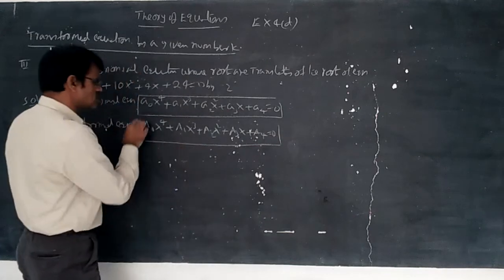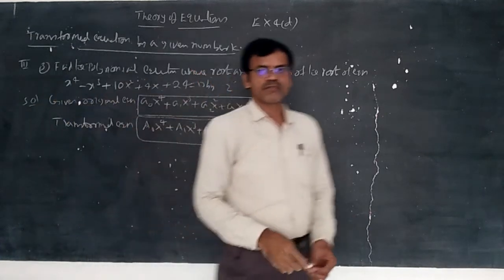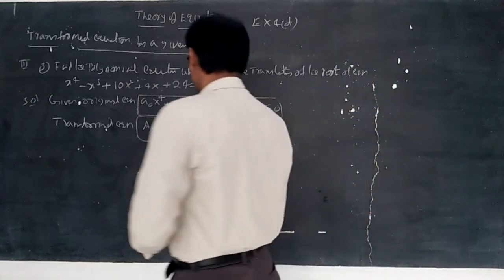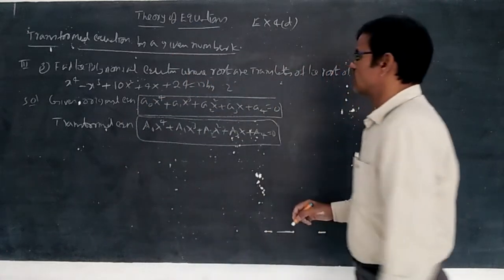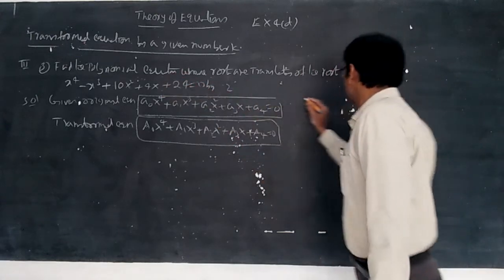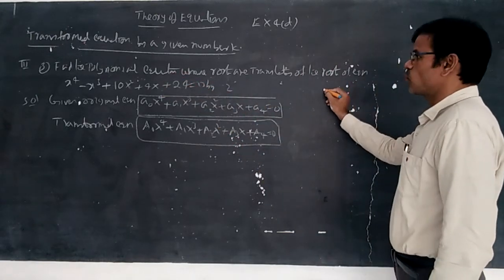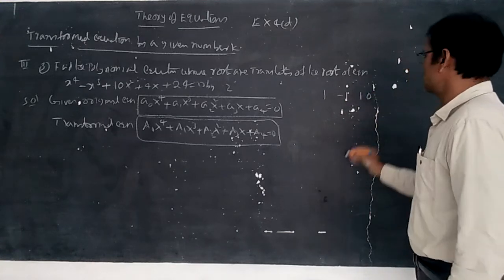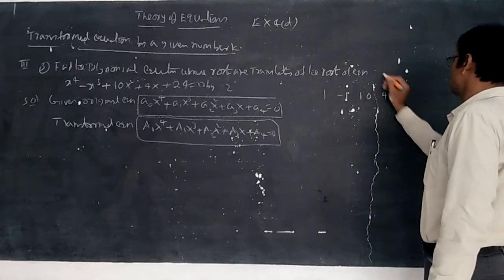How will you get these? I will say the shortcut method, you can use it in exams also. Whatever numbers are there, you should write them as the coefficients here: 1, minus 1, 10, 4, 24.